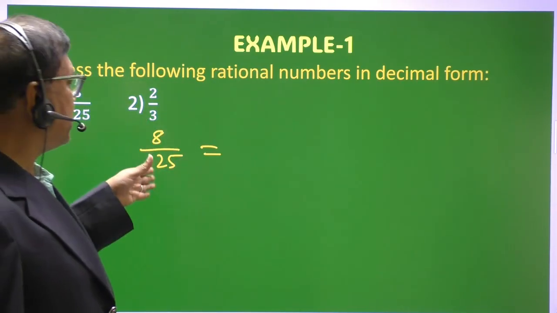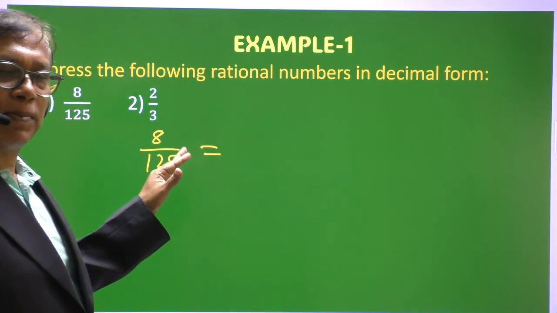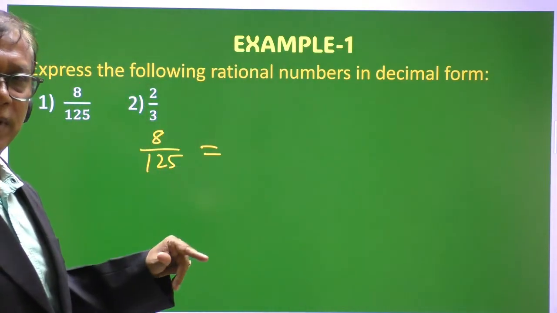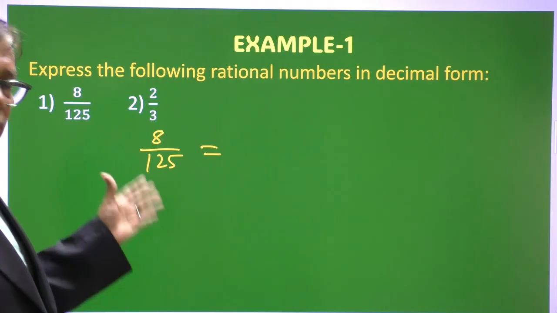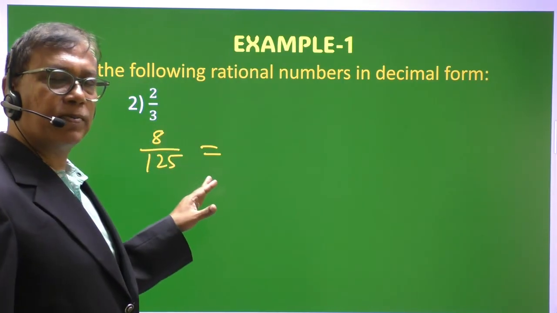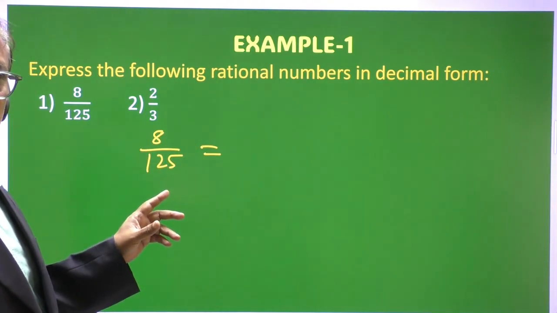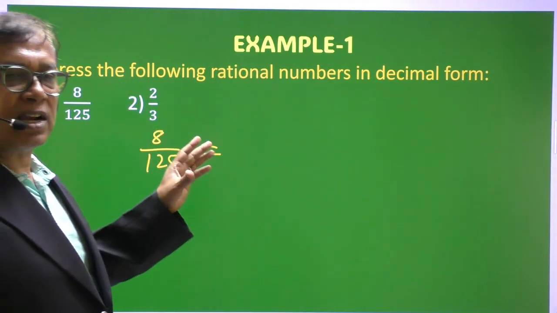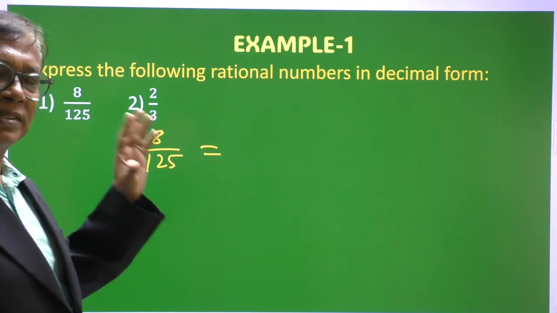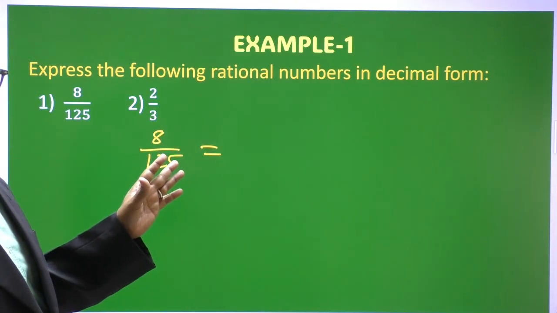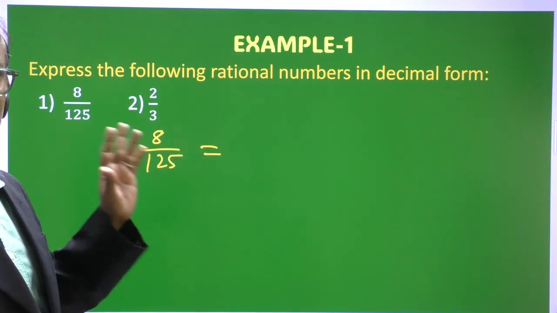Previously I told that when the denominator is 8, multiply the numerator by 125. But here it is reversed. When the denominator is 125, multiply the numerator by 8. And in the result, insert the decimal point after 3 digits starting from the right side.